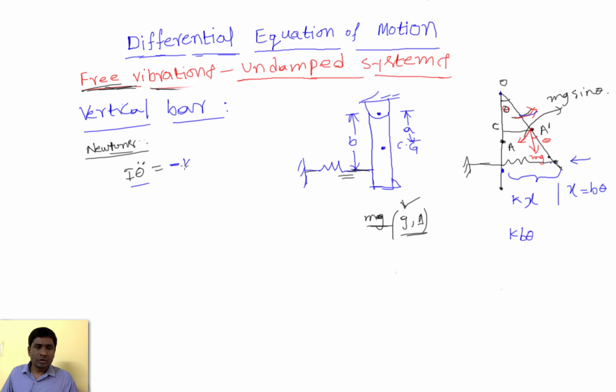So k into b into theta into b. This is at a distance of b from the point O because it's a moment. So force into the distance, b from O to this position, that is F into b, and then the mass force. Gravity force is m into g into sine theta, that is at a distance of a.